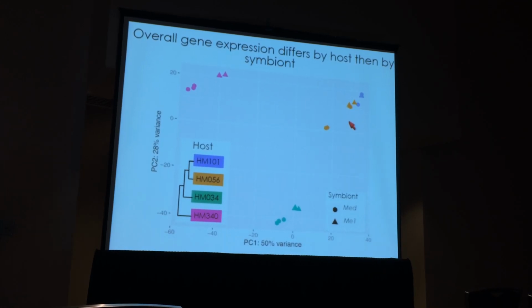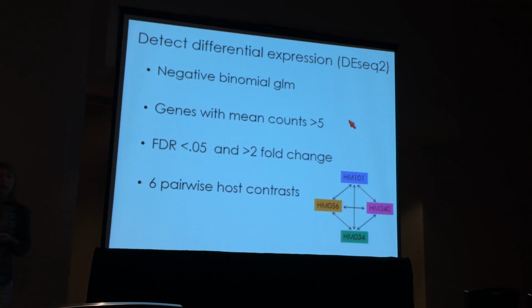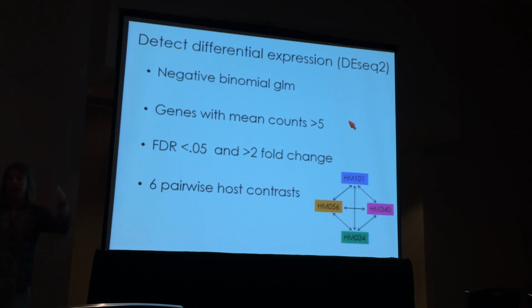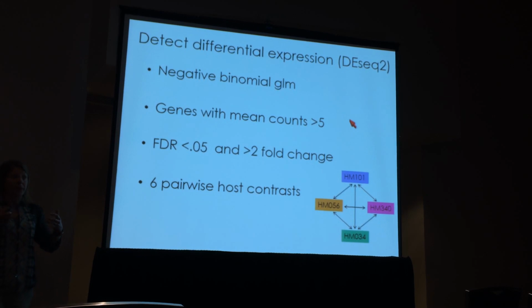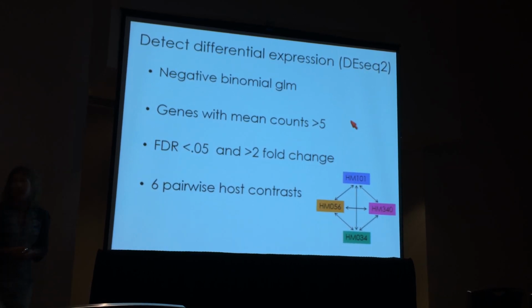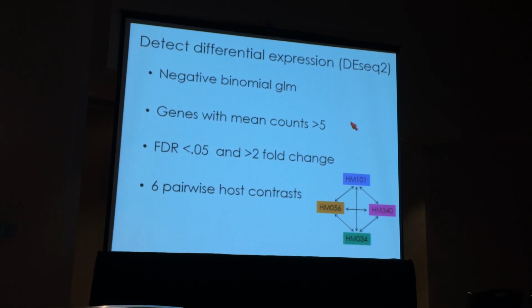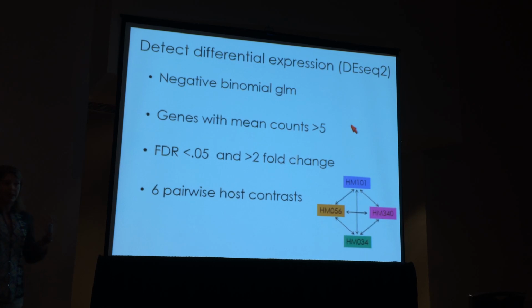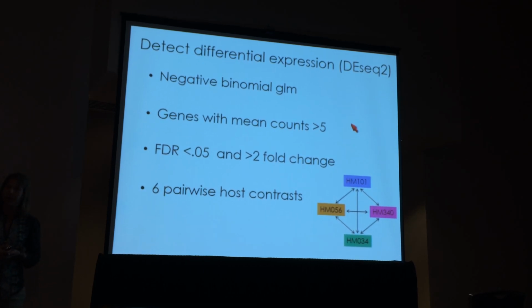So what we can then do is look for differential expression patterns and patterns of genetic variation and environmental variation and G by G based on this data. What we used was DESeq2, which is a negative binomial GLM. We only tested genes that passed a certain expression level threshold.